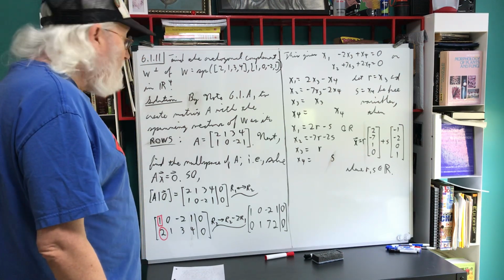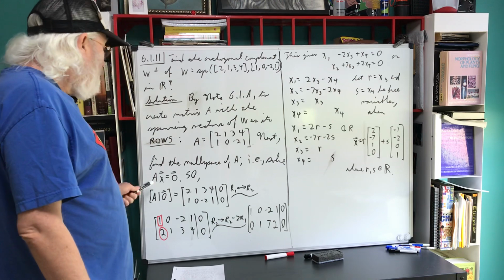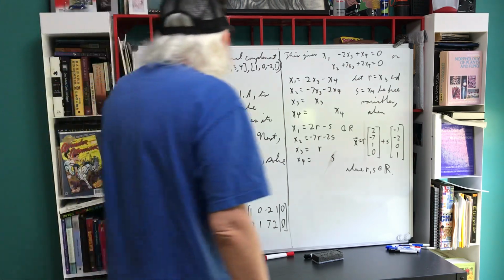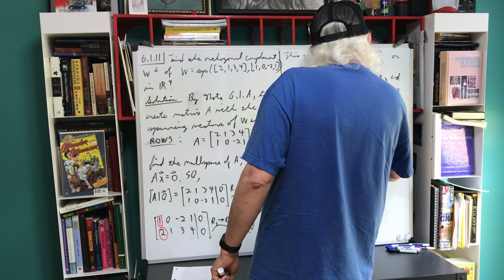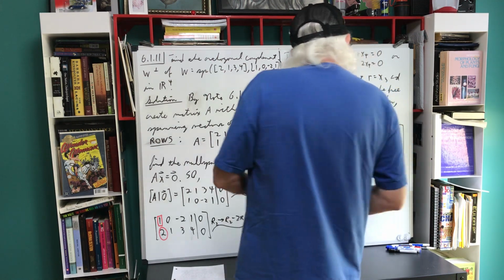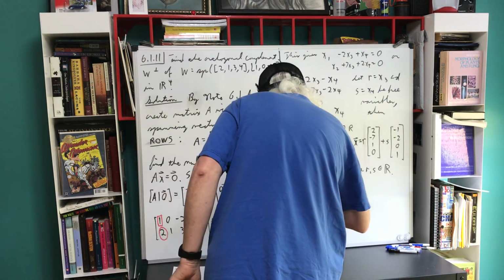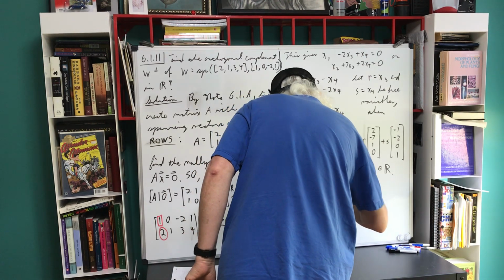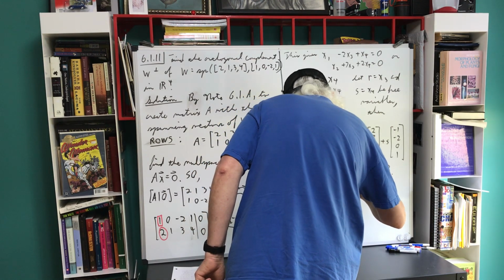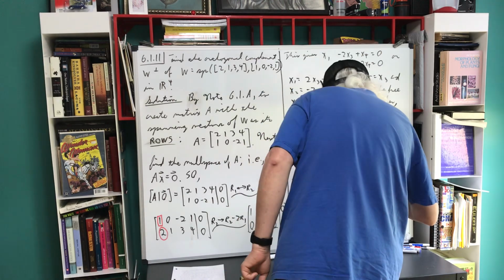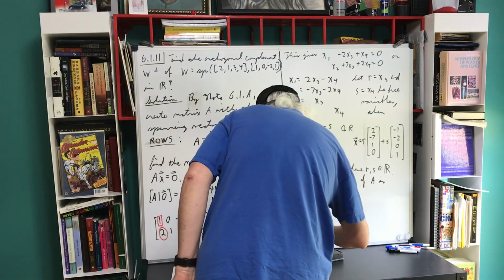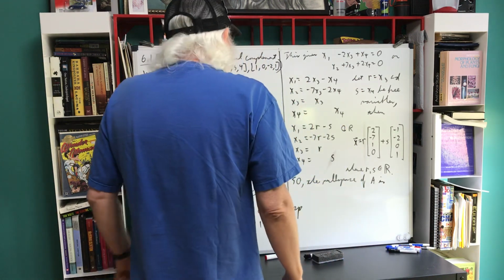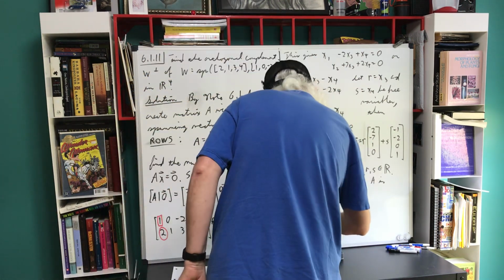So, the null space of matrix A must be the span of these two vectors. So, the null space of A is the span of those two vectors. Got a little stylistic concern here.